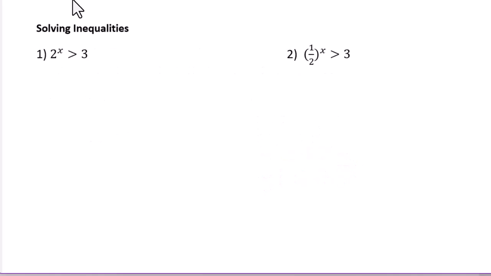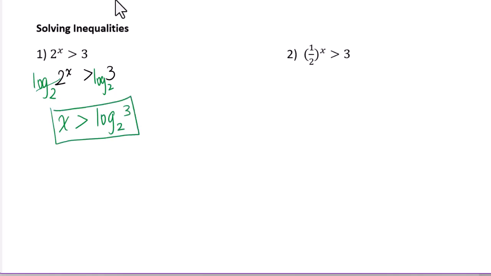Question 1. 2 to the x power greater than 3. This base is greater than 1. We will take log base 2 of both sides. Then cancel: x greater than log base 2 of 3.